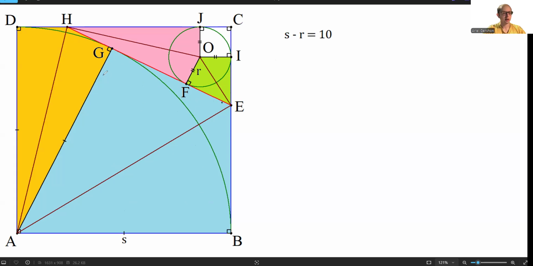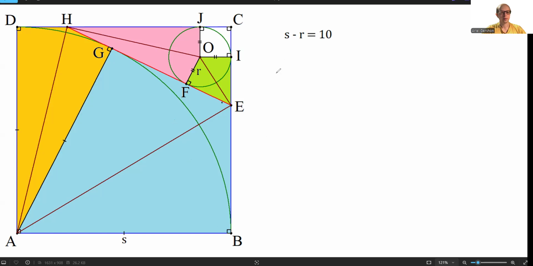So this angle here, angle AGE, has to be a right angle because that red line is tangent to the large circle, and the angle ABE is also 90 degrees. Why? Because that's one of the angles of the square. So we have two right triangles, and since they're right triangles, we can use the Pythagorean theorem.